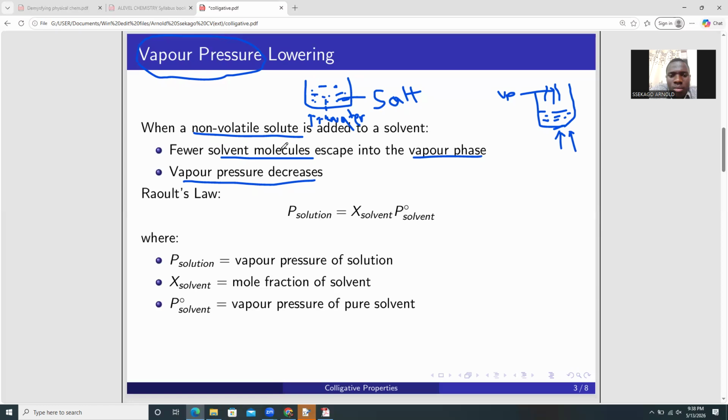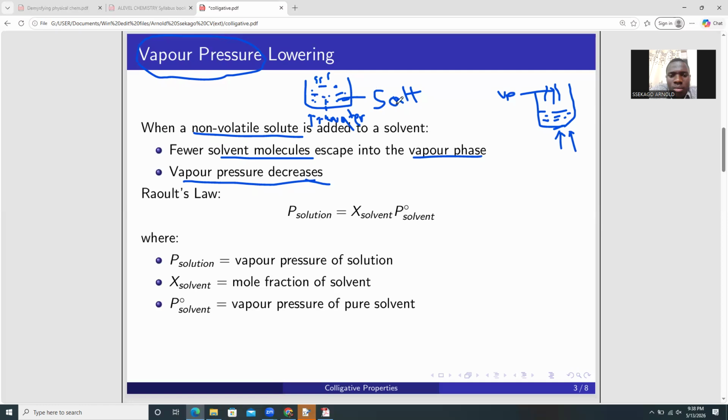If this water now contains salt, fewer water molecules will escape or evaporate from that solution. Therefore, vapor pressure decreases. That is the effect of adding salt to a solvent on vapor pressure.